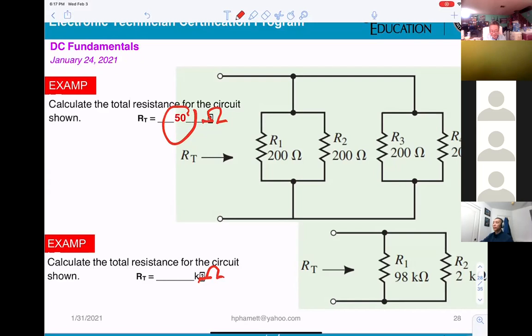You take 200 in parallel, the answer will be 100, right? Yes. This one, 200, same value. How to know the equivalent resistance will be 100. And this one, another 100. Then 100 parallel 100, you get half, 50 ohm. Don't need to do any calculation.